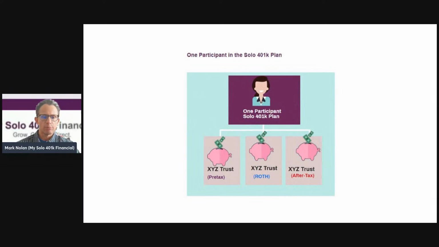The first one is labeled pre-tax, the second one is labeled Roth, and the third one is labeled after-tax, which is part of the voluntary after-tax self-directed 401k, which is used for the mega backdoor Roth self-directed 401k. So in review, one plan, 3 separate holding accounts.